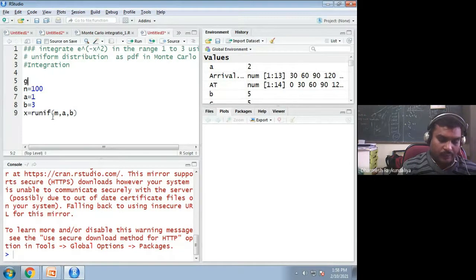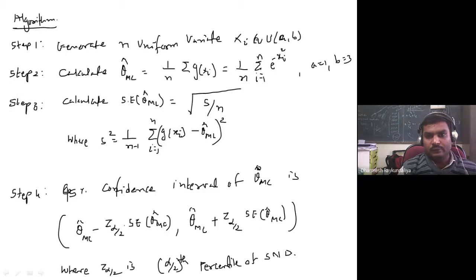You say g is equal to function of x, e power minus x square. That is the same function we wish to evaluate, e power minus x square.